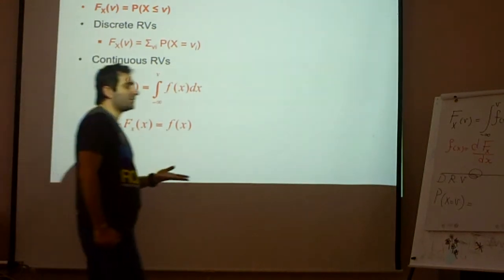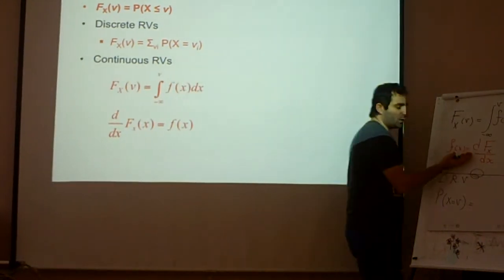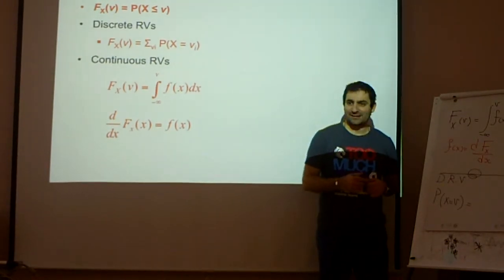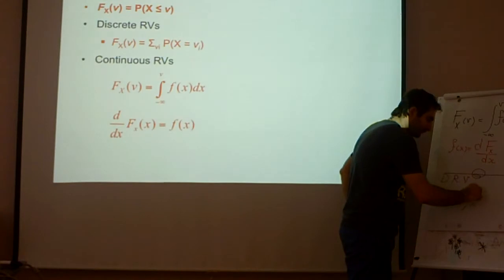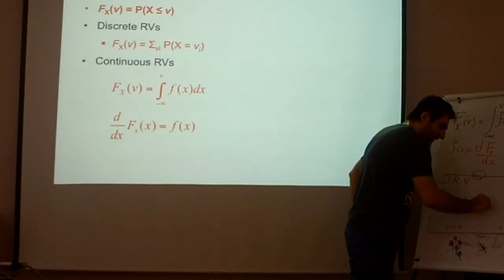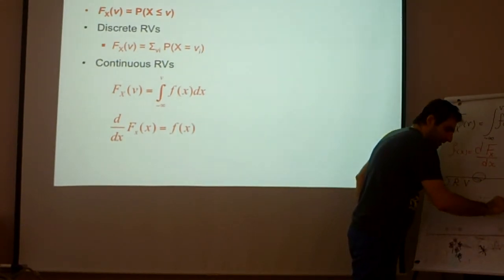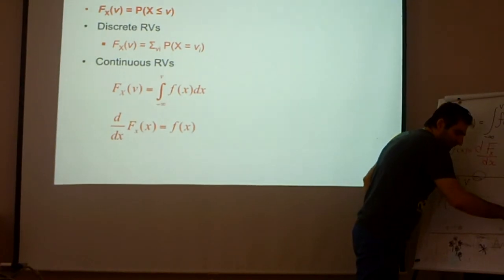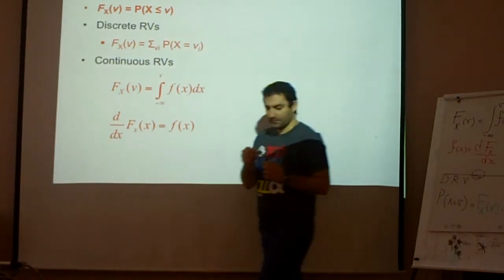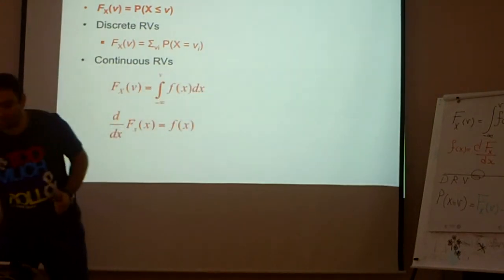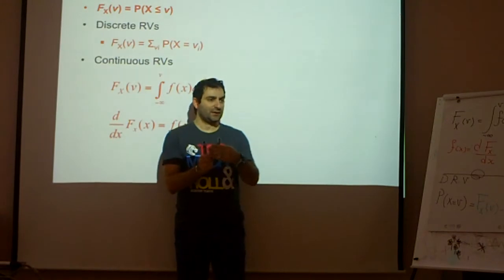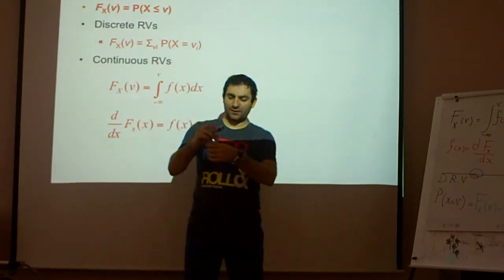What is the equivalent of the derivative in the discrete form? It's the difference, and it will be F_X(v) minus F_X(v minus 1). In other words, what is happening in the discrete cumulative function?